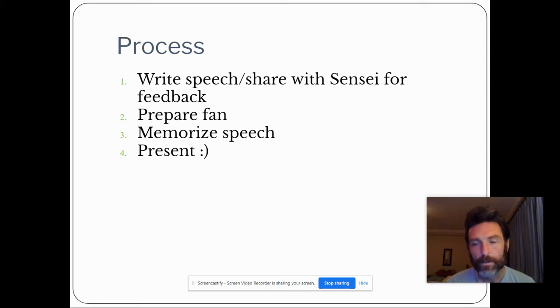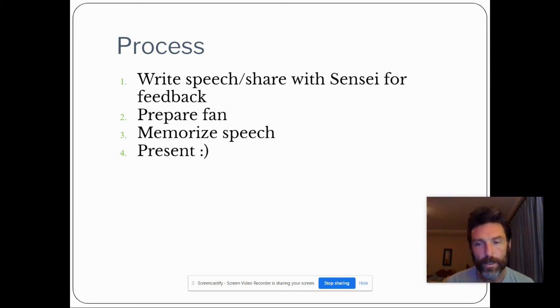And then this week during class, I'll talk a little bit about how you make the fan and what that looks like. So you write the speech, you get the fan together, you memorize your speech, practice using the fan. On one side of it, you're going to have a picture that symbolizes Japan to you.